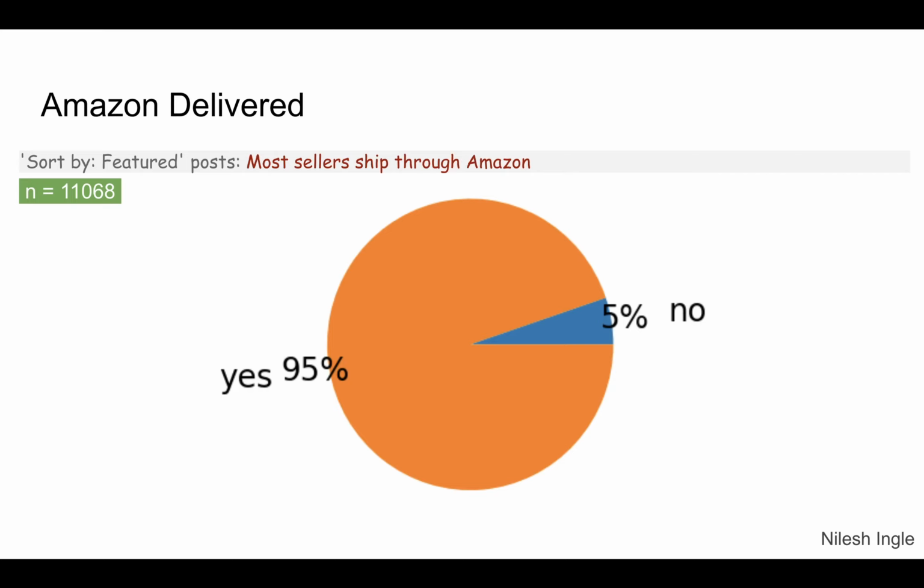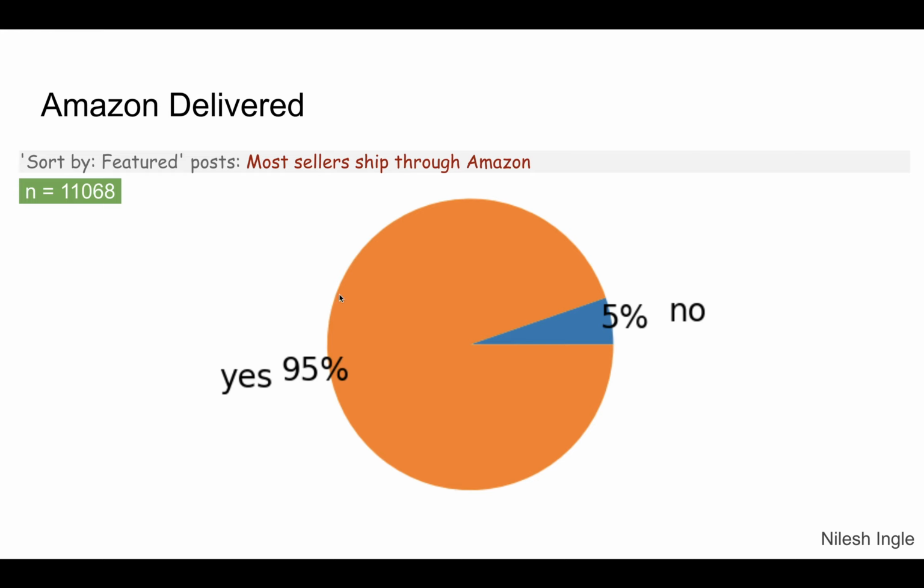And along those same lines, 95% of the toys are Amazon delivered. From what I read, Amazon delivered means that Amazon would pick the toy from the seller, transport it to the customer's location and deliver it to the customer. So that's my interpretation.